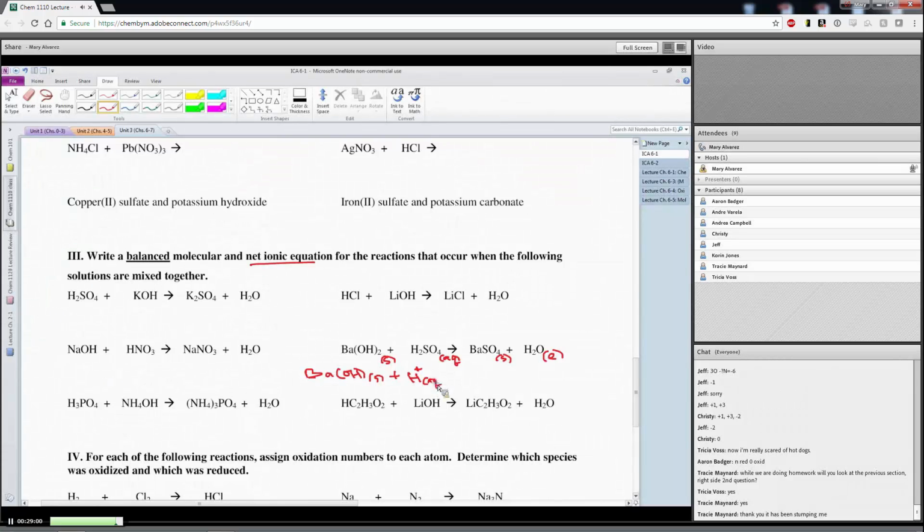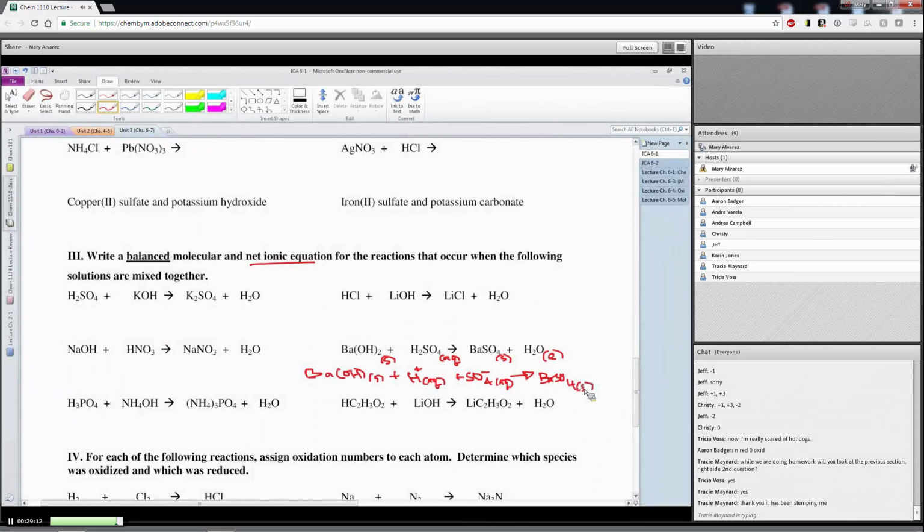The answer key is wrong on this one too. Somehow I knew it would be before I even checked it. And that goes to form barium sulfate, which is also solid. Anything that's solid or liquid is going to remain in the net ionic equation. And then anything that was aqueous but that made the things that were solid or liquid also remain in the net ionic equation.